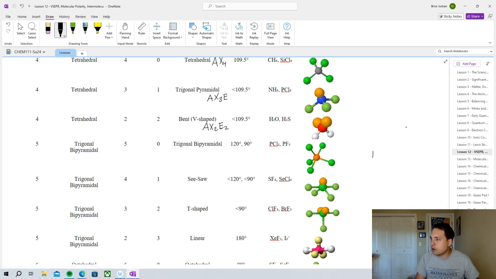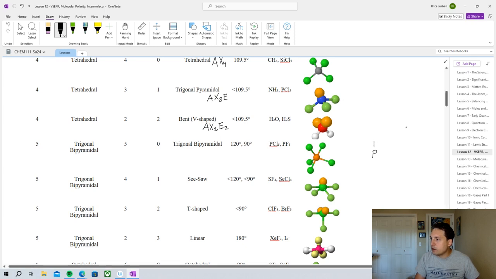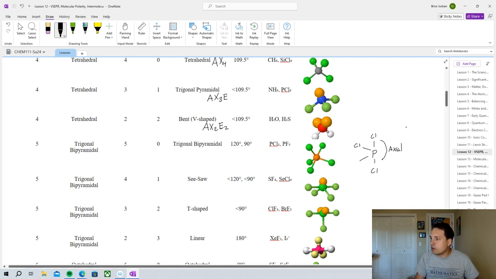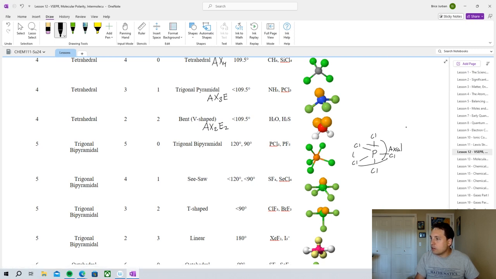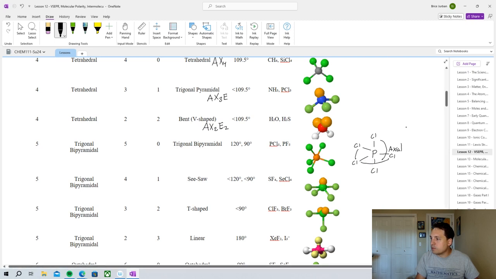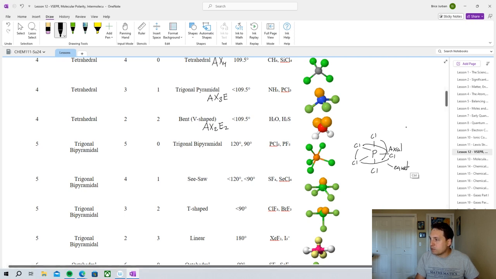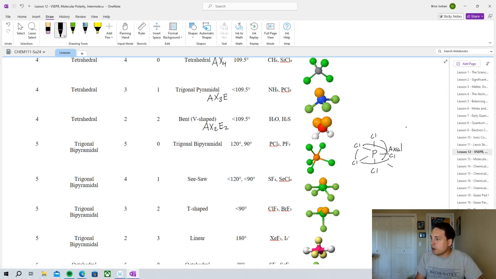So we'll use that same example, phosphorus pentachloride. All right, so these are my axial atoms. And then I have the other atoms here. These ones are my equatorial.